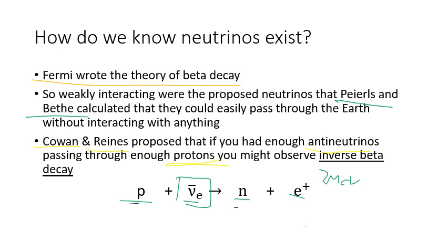We've got an anti-member of the electron family becoming an anti-member of the electron family, so electron number is fine. And finally charge, that's 1 plus, 0 to 0 plus 1 plus, and so charge is fine too. So yeah, this inverse beta decay should work. We just need nice energetic antineutrinos, and we need a lot of them.